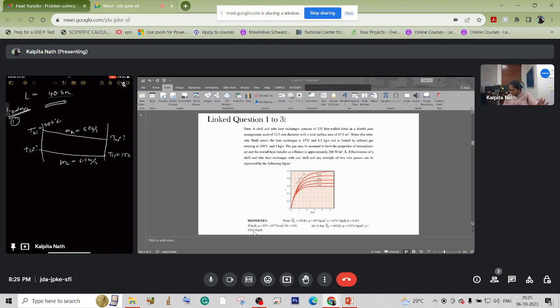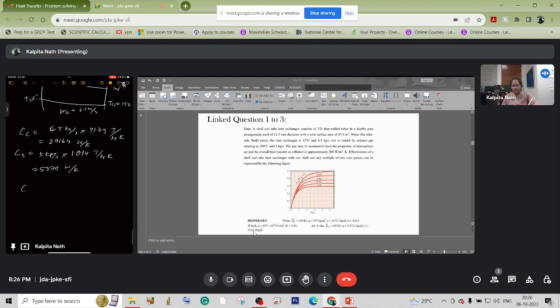Now we'll find the heat capacity of the cold fluid, that is 6.5 kg per second into 4179 joule per kg Kelvin. This will come out to be 27164 watt per Kelvin. And for the hot fluid, it is 5 kg per second into 1014 joule per kg Kelvin, so this will come out to be 5070 watt per Kelvin.